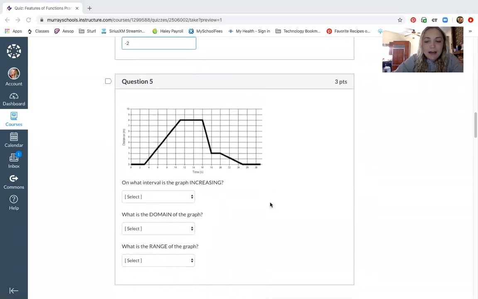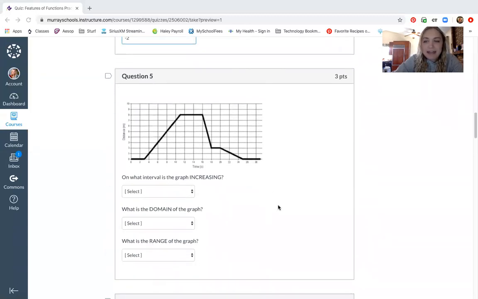Okay, these graphs, I am willing to bet that this is where a lot of you have started having trouble on these problems. So let's look at this, and I'm going to use my coloring feature to talk about the different sections. It says, on what interval is the graph increasing? Ninth graders, on these graphs, we are always looking from left to right.